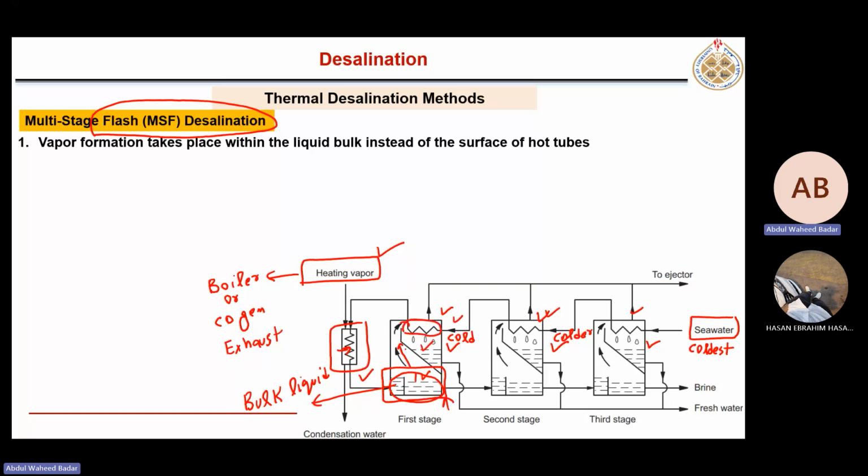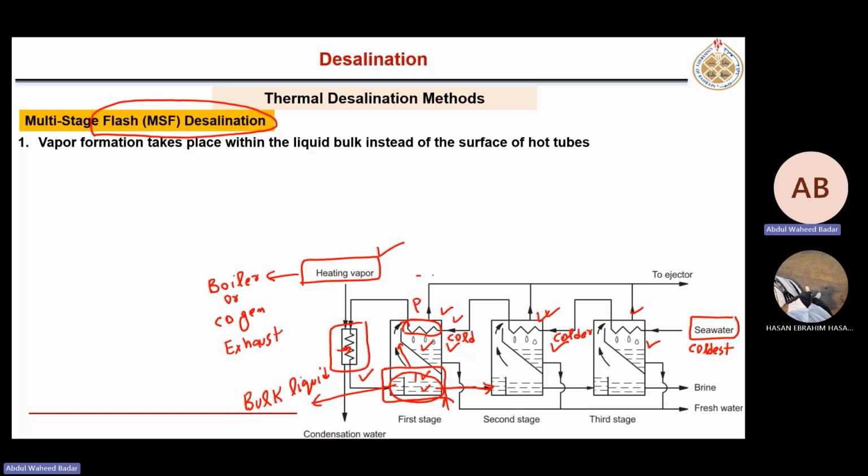So only pure water vapor will evaporate. The rest is the brine, which is left at the bottom, and that will flow to the next stage, right? Here the water is separated just by flashing water vapor, because here pressure is maintained low.